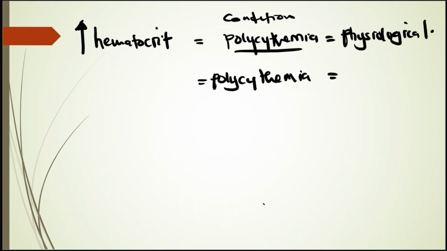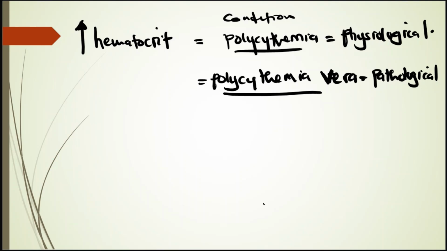So if the hematocrit goes high because the body is trying to physiologically adapt to a certain condition it has been exposed to, such as high altitudes, and because there is hypoxia, that condition is called polycythemia. But if the hematocrit goes high because of a pathology in the body, something has gone wrong, then that condition is called polycythemia vera.